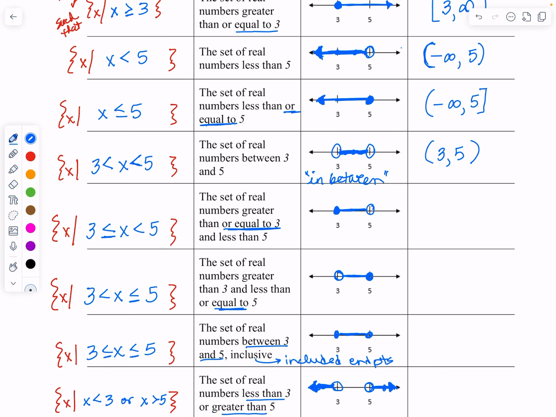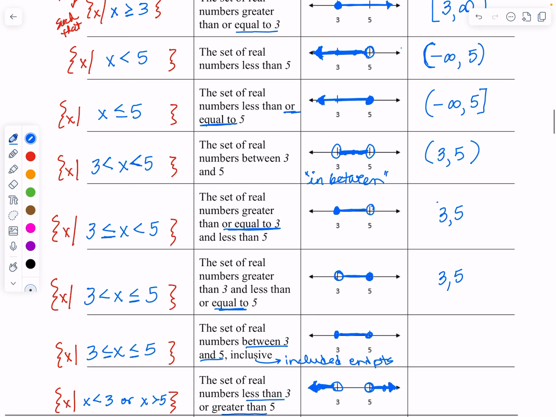So the next 2 are exactly like what we just wrote, except my brackets are different, right? So for the next one, I'm going to hit 3. 3 is included, so I put a bracket on my 3, but 5 is not included, so I put parentheses on the 5.